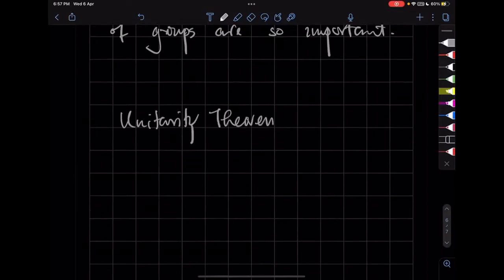And before we prove it, we shall discuss Nahi's question. So what does the unitarity theorem say?